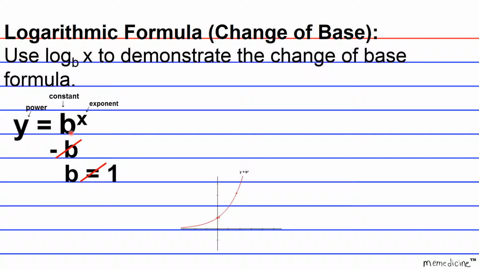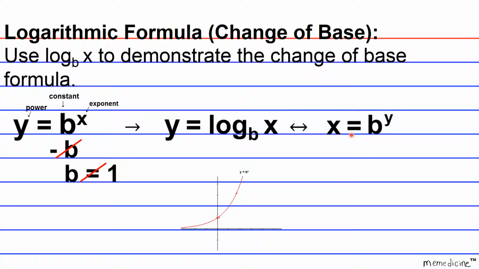All right. A logarithmic function now is going to be the inverse of the corresponding exponential function with the same base. Okay, this means that our logarithmic expression y equals log base b of x is equivalent to basically x equals base b raised to the y, okay?